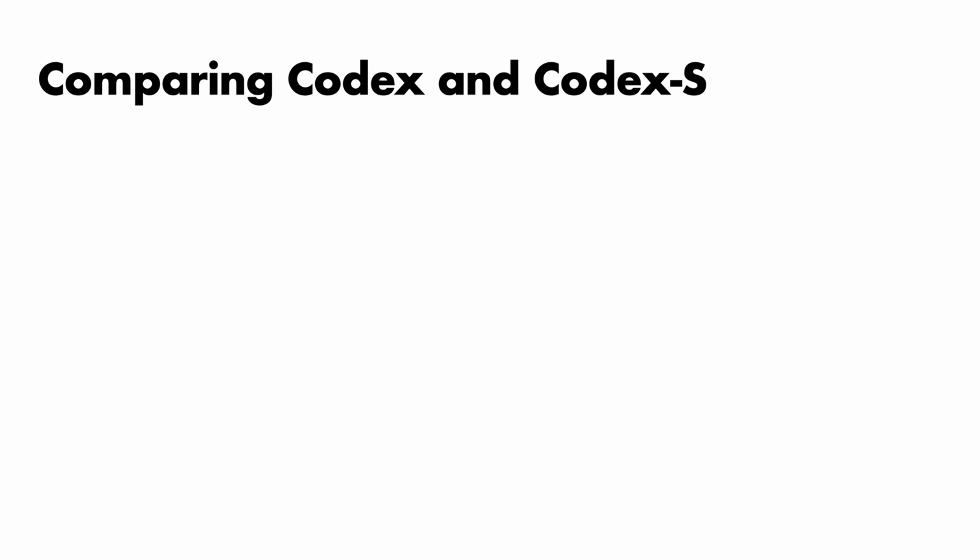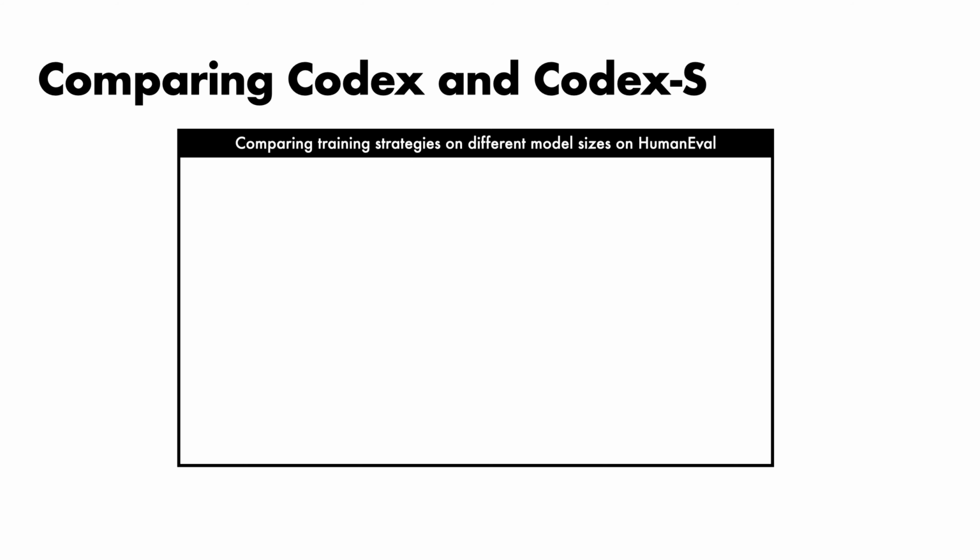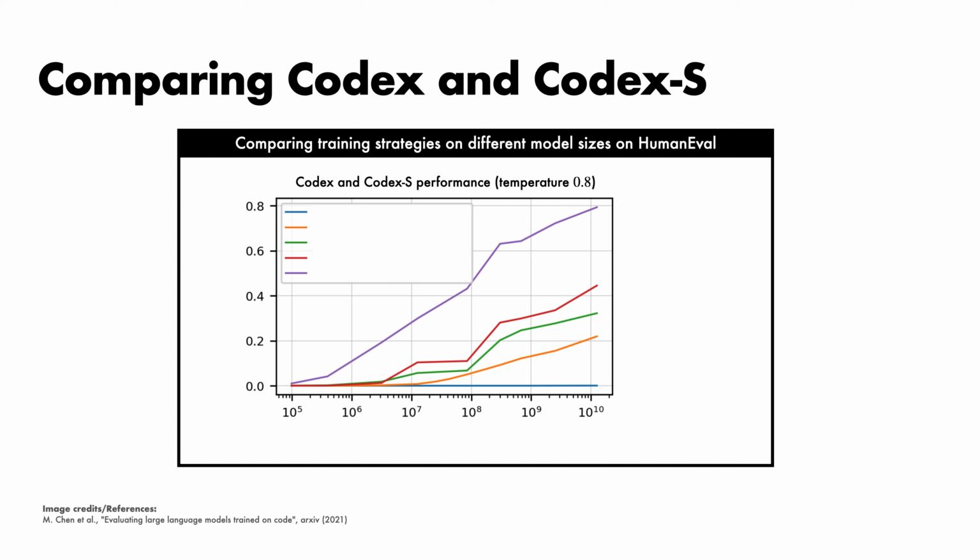We can summarize our exploration of supervised fine-tuning with a comparison of the Codex and Codex-S models on HumanEval at different model capacities. Here, we have the results obtained by sampling at a temperature of 0.8. We have non-embedding parameters on the x-axis and pass rate on the y-axis.